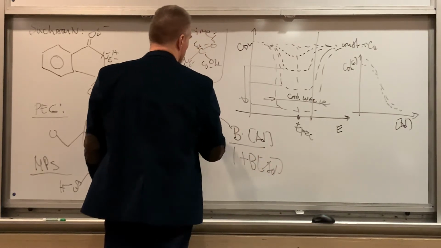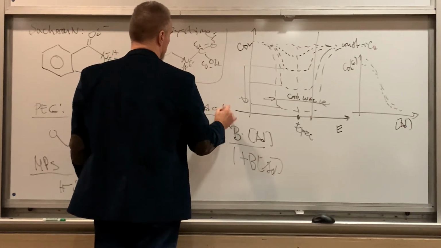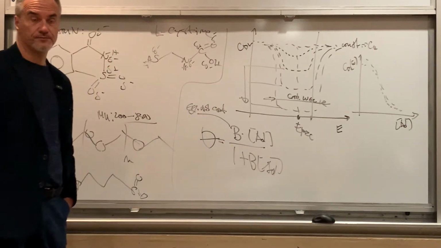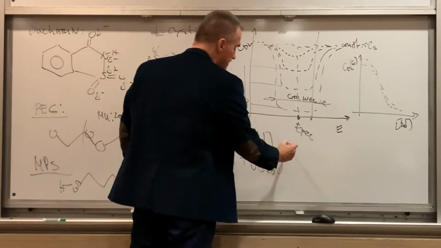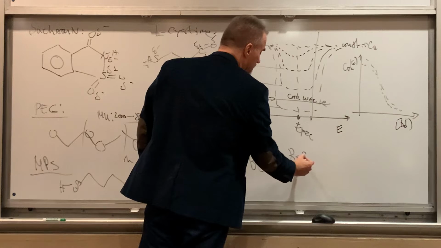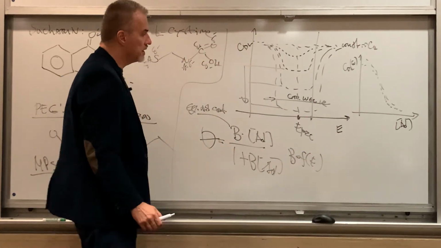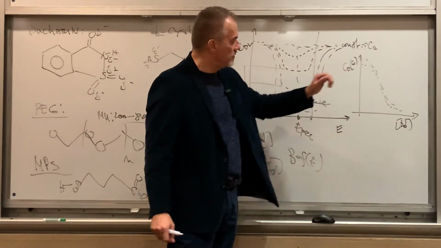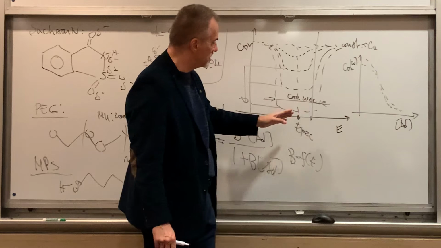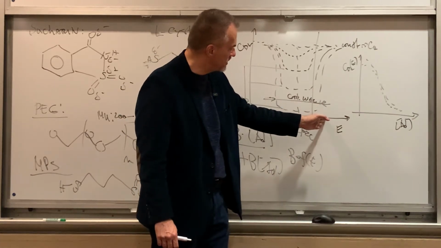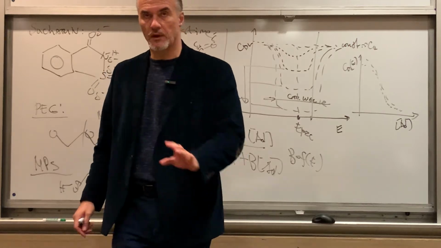Now this B is the equilibrium adsorption constant, right? And this B is also a function of the potential at which we are looking. So that's why the double layer capacitance as a function of additive concentration will not be the same if we measure at this potential, at this potential, or at this potential. Okay? All right.